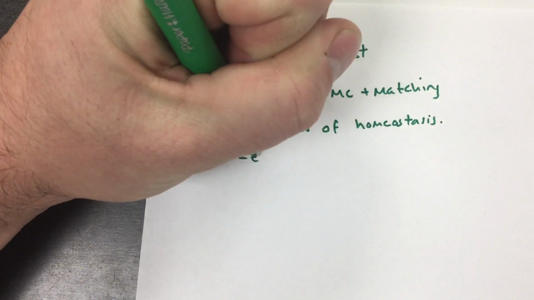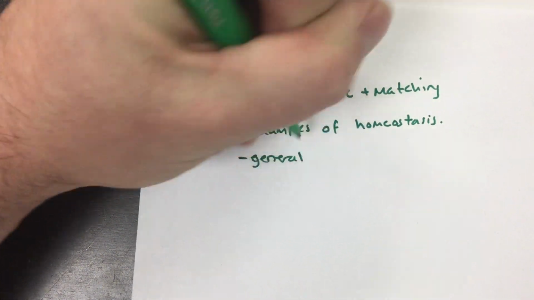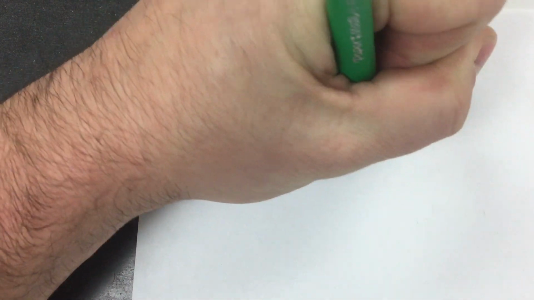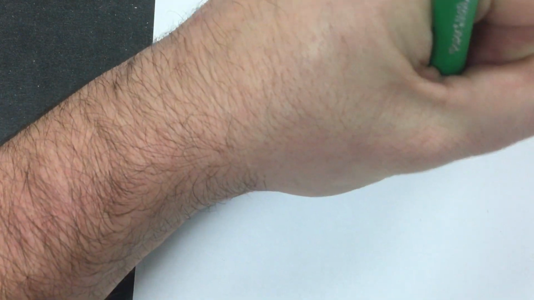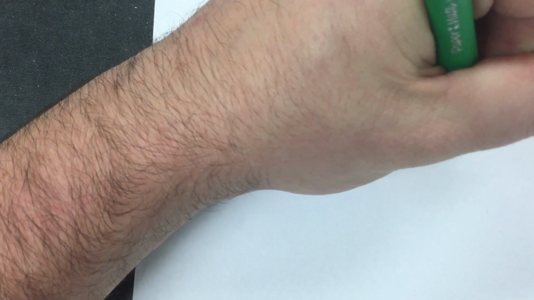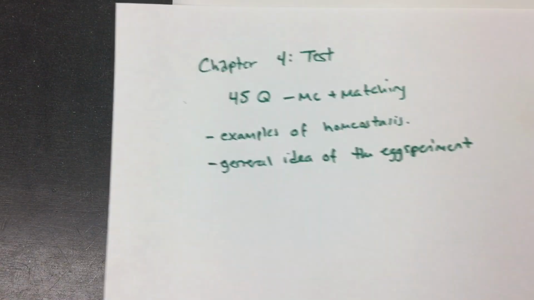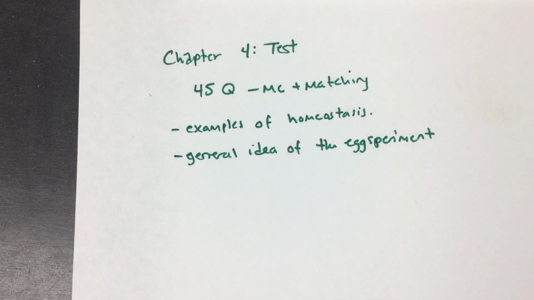Then you need to know the general idea of the egg experiment. In other words, what was the egg a model for, and what were you supposed to take away from that experiment? Basically, what can go into and out of cells through the membrane. In the egg experiment, what did you learn?